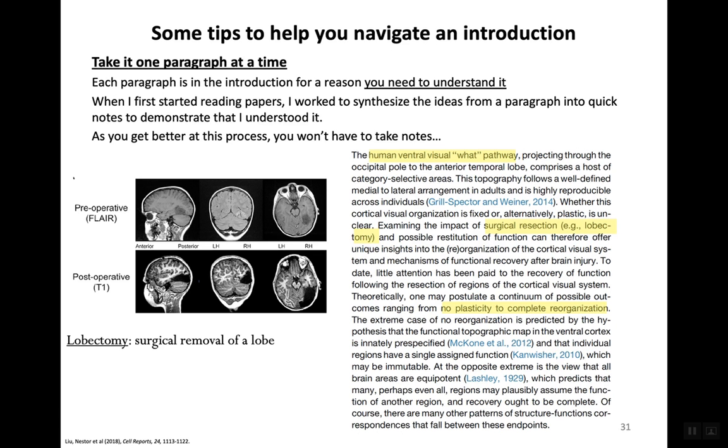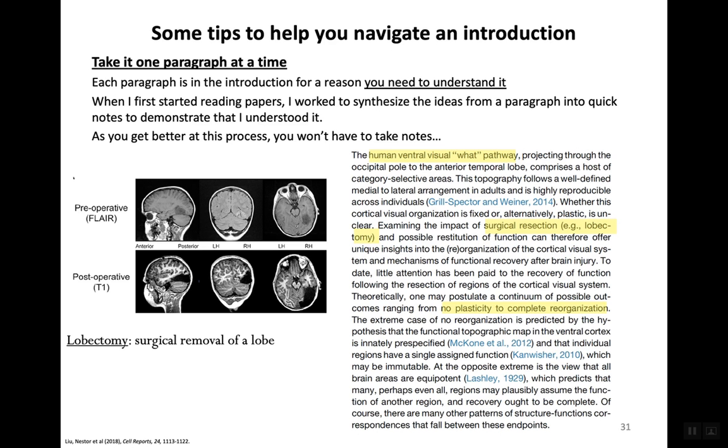Okay, so the extreme hypothesis, the other end of the spectrum, is that let's say if the FFA is damaged or completely removed, given its location in the occipitotemporal cortex, then another region which has been left over either on the other hemisphere or the remaining parts of the same hemisphere should be able to embrace that functionality of the FFA.